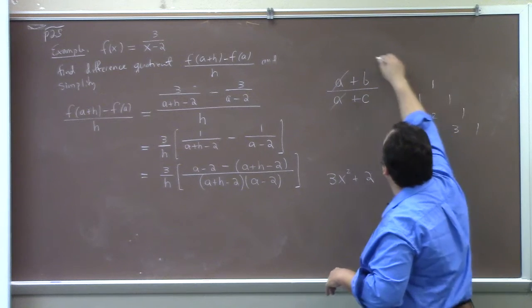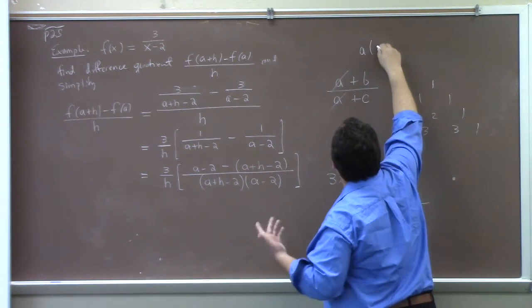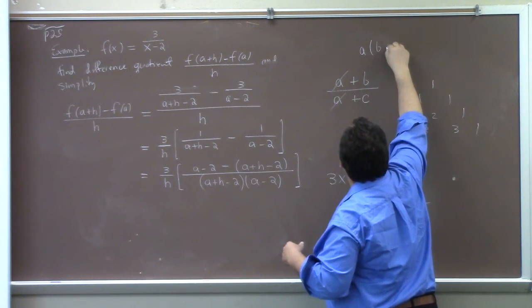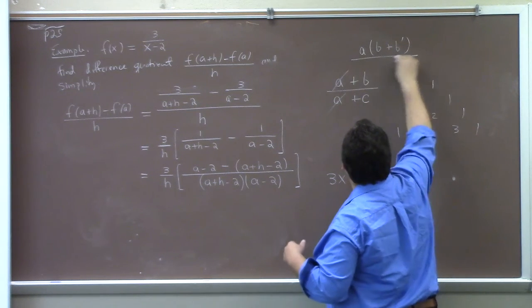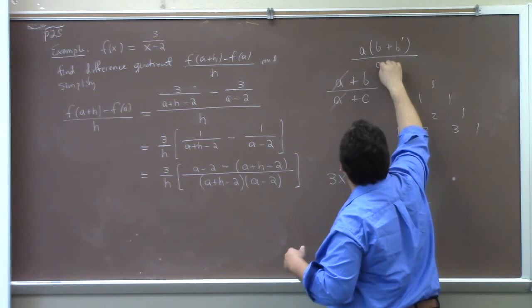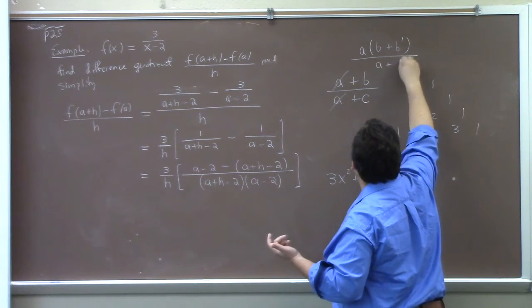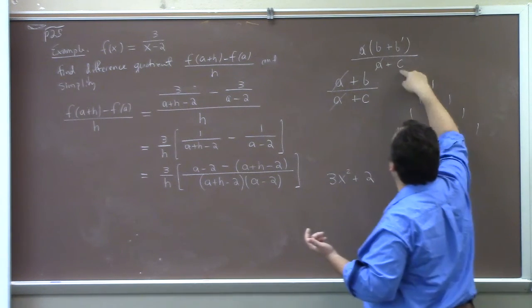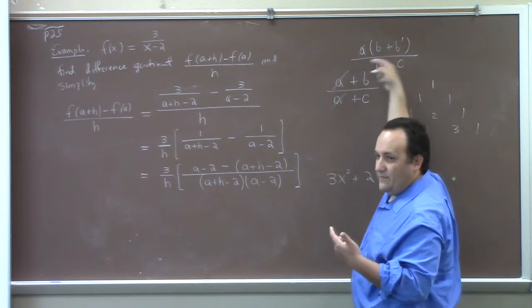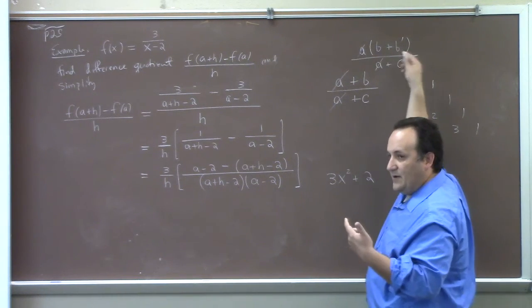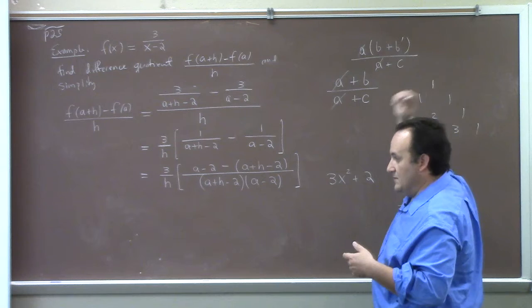I would have to have a times b plus b prime or something over a plus, well, I still couldn't do it. I still couldn't cancel this and that because I need to be able to factor out a from both the numerator and the denominator in order to make the cancellation.